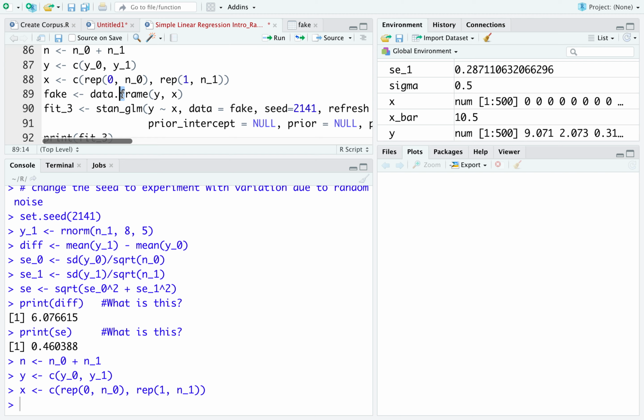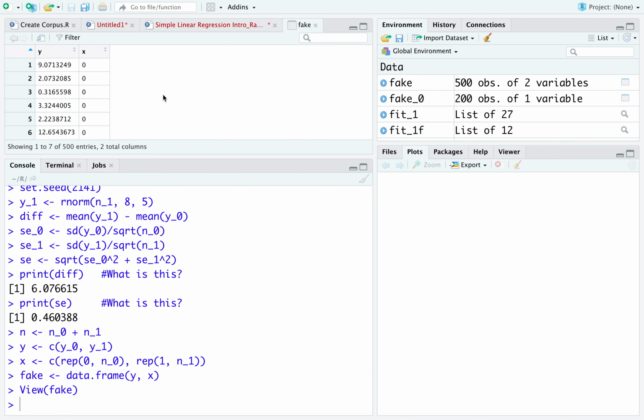So here's a data frame based on that, putting x and y together. Here's what it looks like, right? Here are some y's from the first group, which I'm labeling as x equals 0. And then when you get lower, you see all the y values that were drawn from the other group. And I did label them as y_0 and y_1.